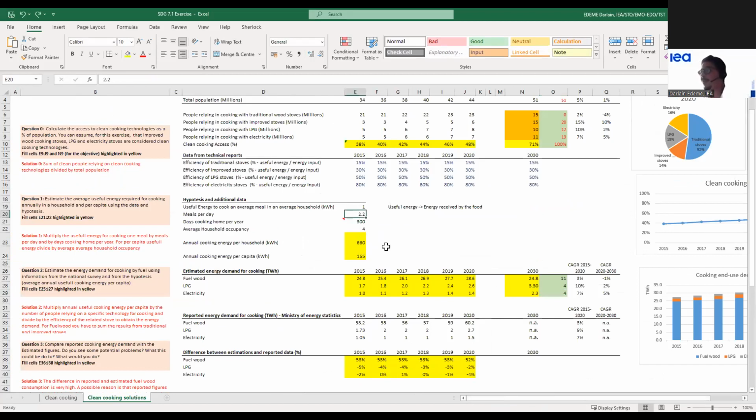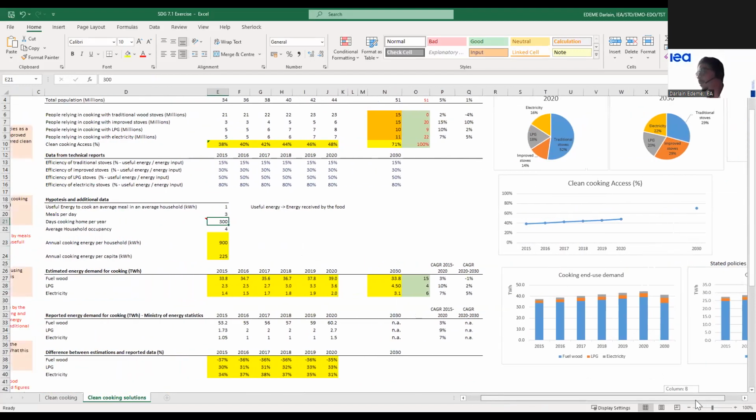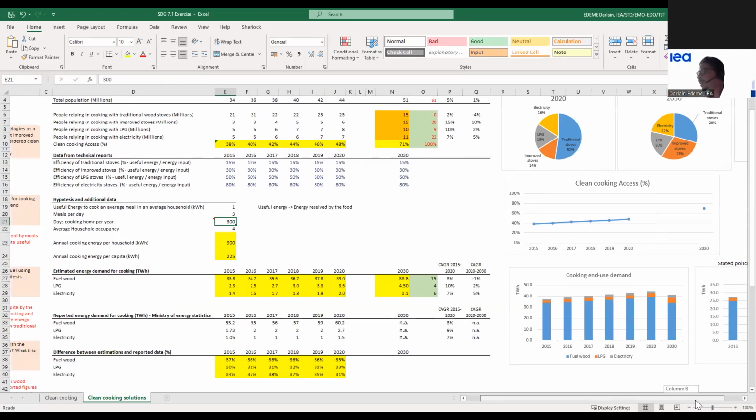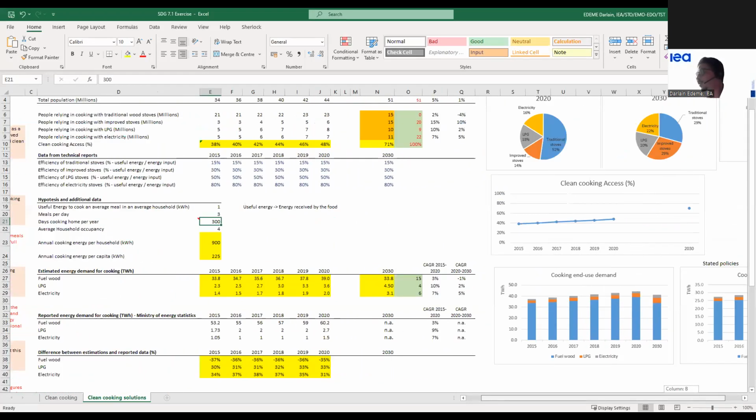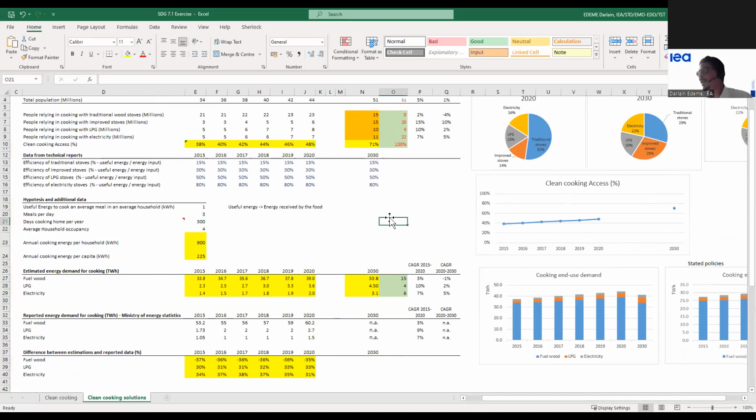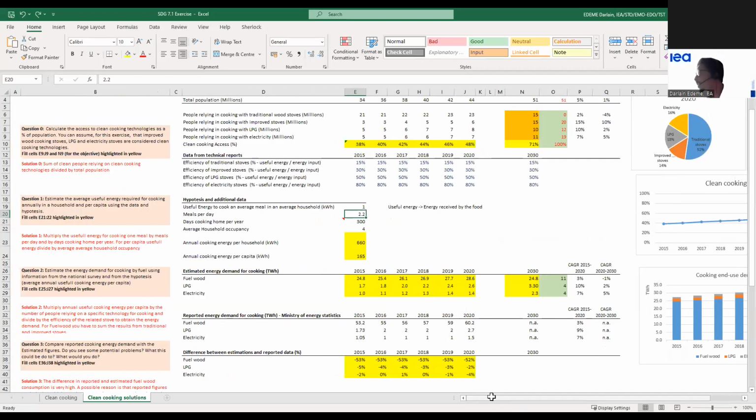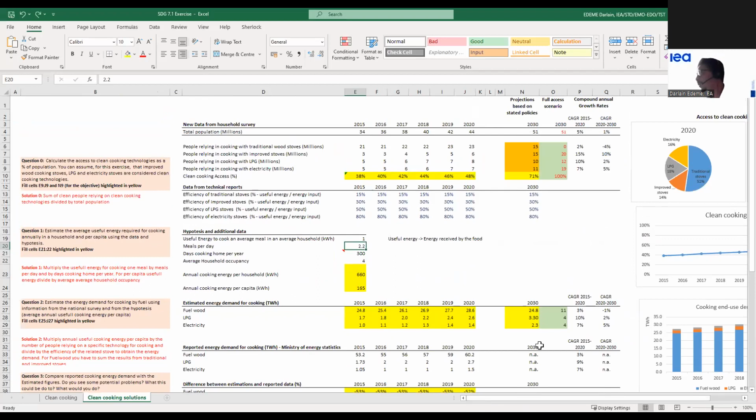For example, maybe we could increase the number of meals per day, and you will see how much the needs in terms of energy, for example LPG, electricity, or fuel would increase, etc. If you want, you can also start discussing and taking a critical look at the assumptions we made.